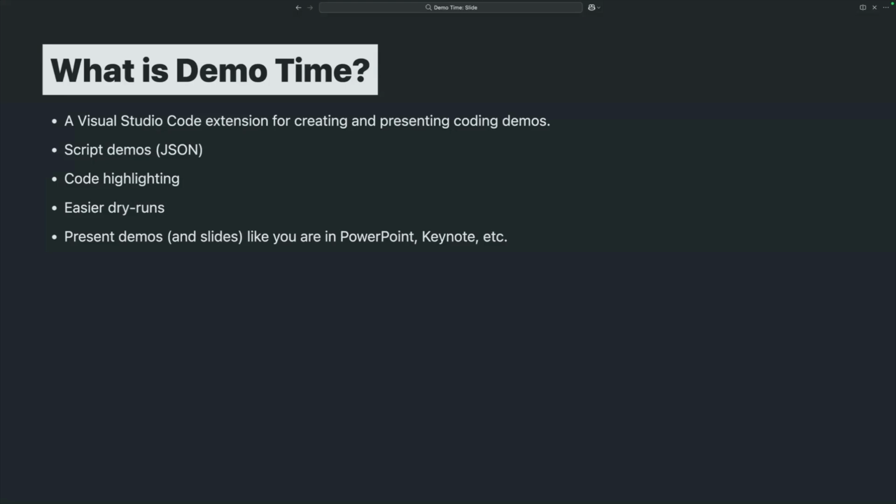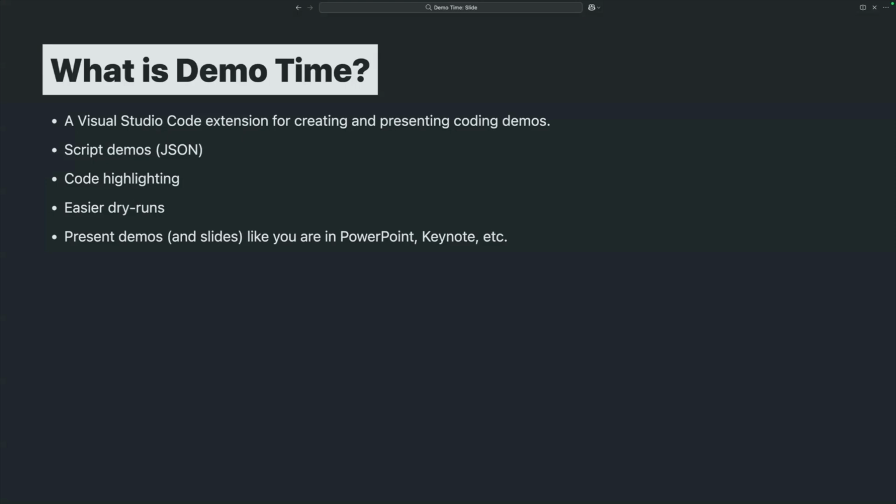The nicest thing about demo time is code highlighting. We've all been in sessions where people present and then use a square around a code block and all these fancy tools. But then you need to look at your screen. Where is that particular line? Oh, this line, and then zooming in and highlighting that particular block.